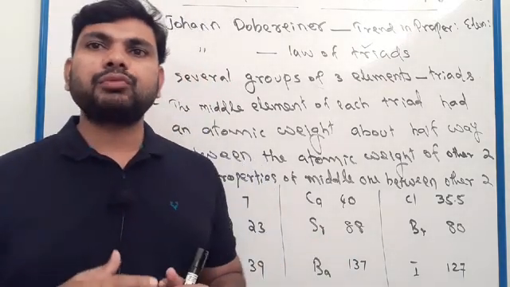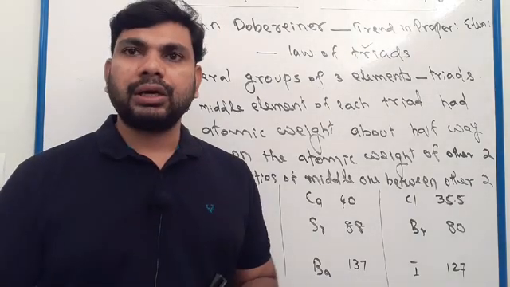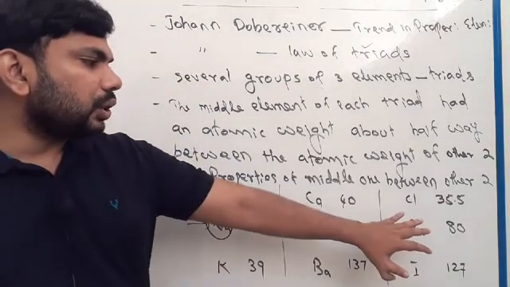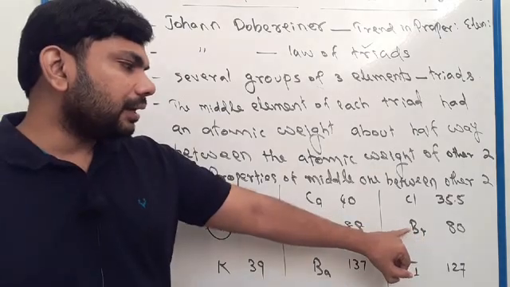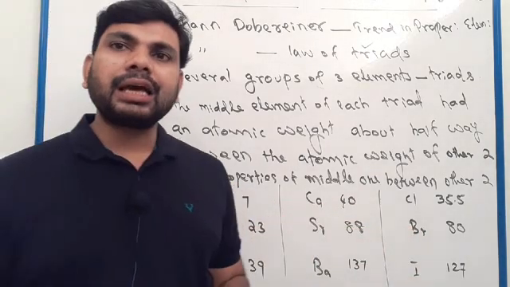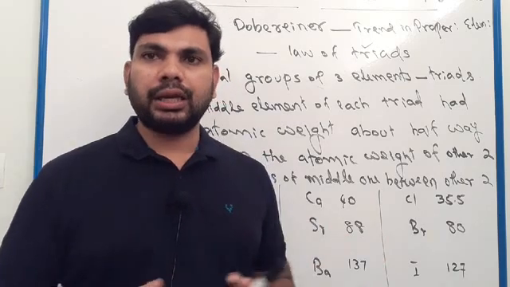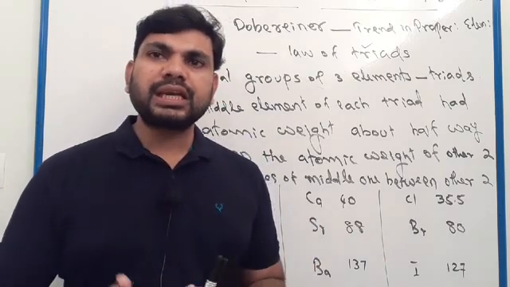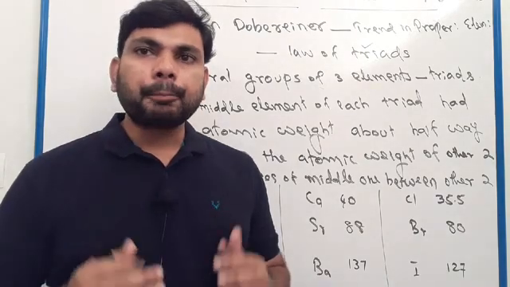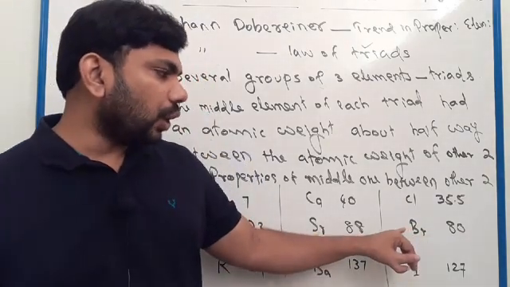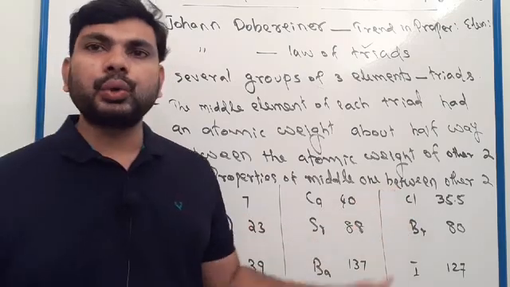In some cases it will be almost similar. So the atomic weight of the middle element is the average of the other two. Also the physical and chemical properties of the middle element are the average of the other two elements.